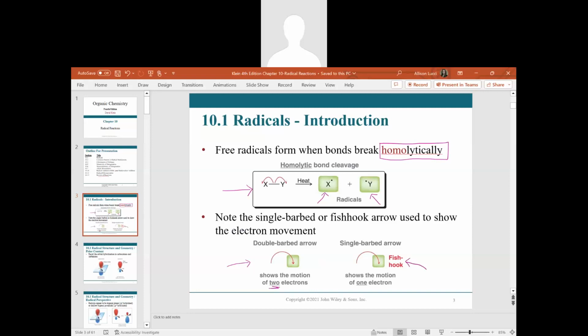So you can see that the head of the arrow only spikes out on one side. So again, this is 1 electron moving. So in this covalent bond between X and Y, that's what we see: those red arrows with a fishhook at the top showing only 1 electron moving.